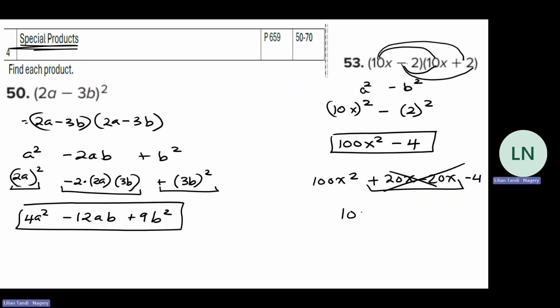So now I have 100x squared minus 4. I did it with distributive property and with the special product, and both gave me the same answer. So you can use FOIL or the special product or distributive property.